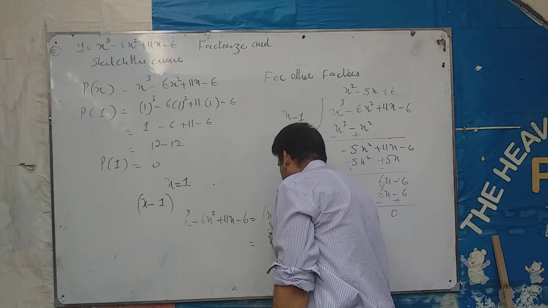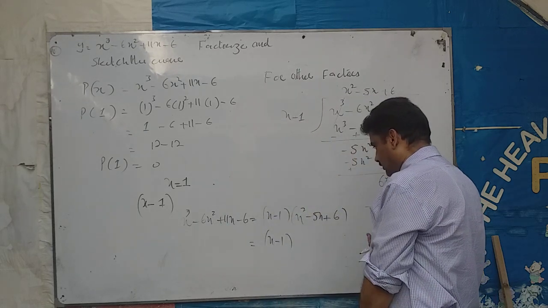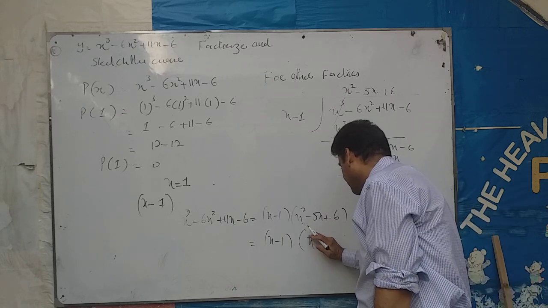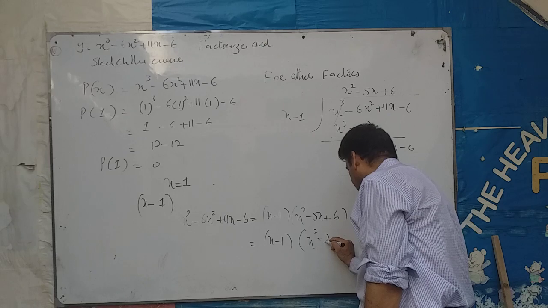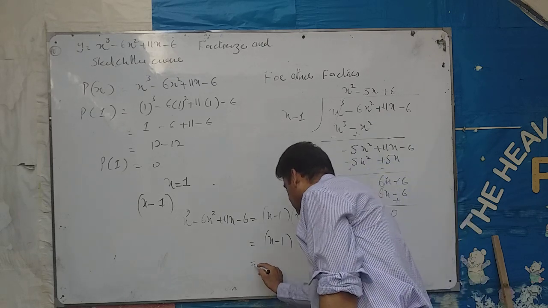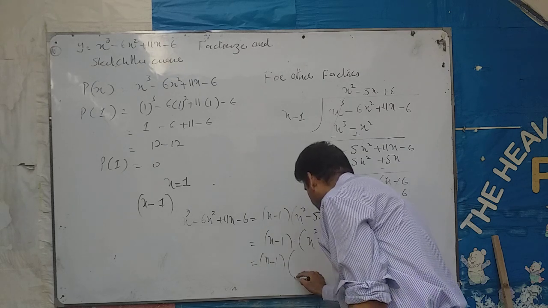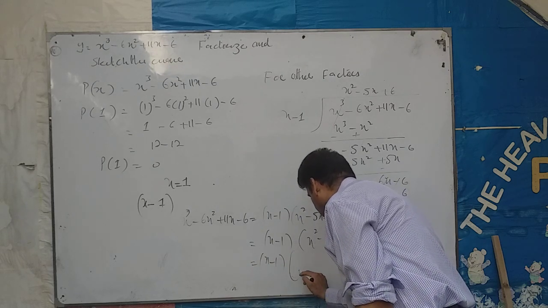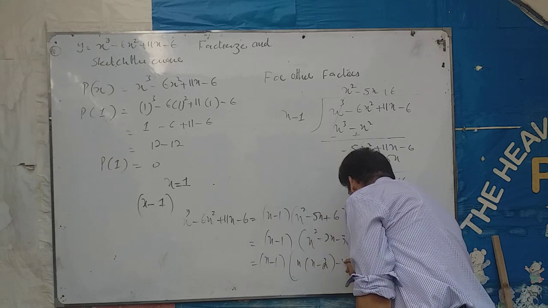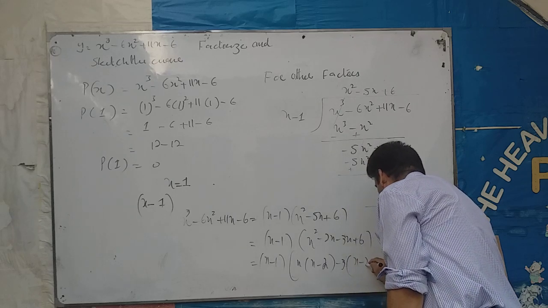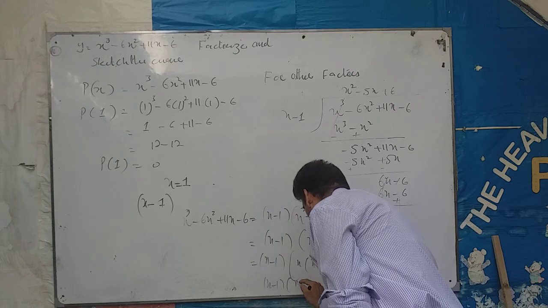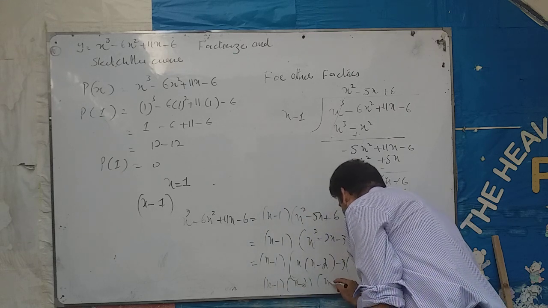We split it as x squared minus 2x minus 3x plus 6. By taking x common, x times x minus 2, and minus 3 common, x minus 2, we get x minus 2 times x minus 3.